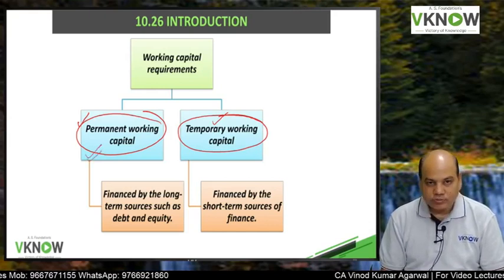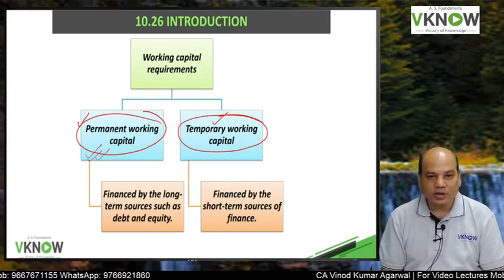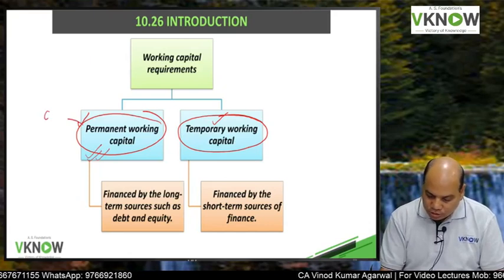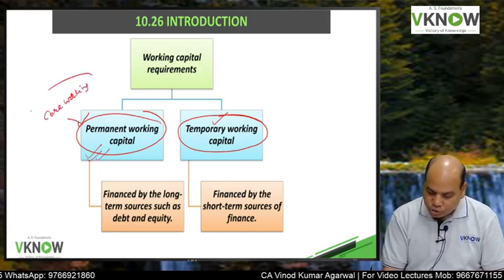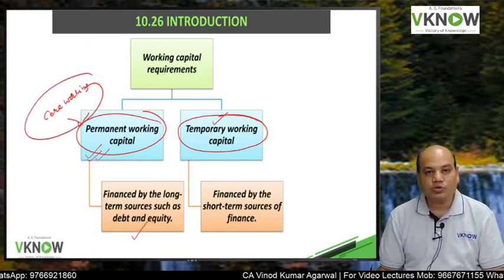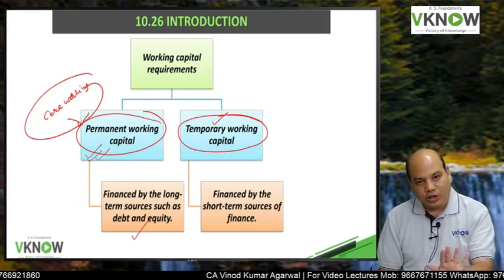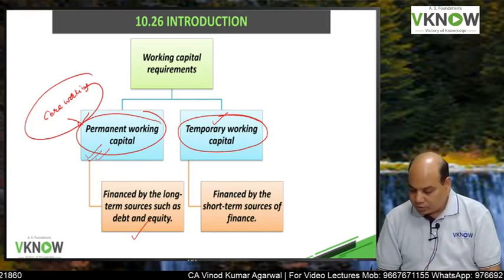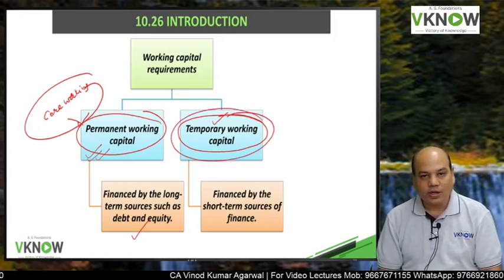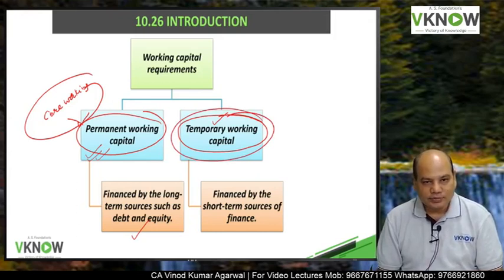Permanent working capital, it is also called core working capital, should be financed from long-term sources like debt and equity, because they are always going to be there in the business. But temporary working capital is required for a temporary period. Is it right?